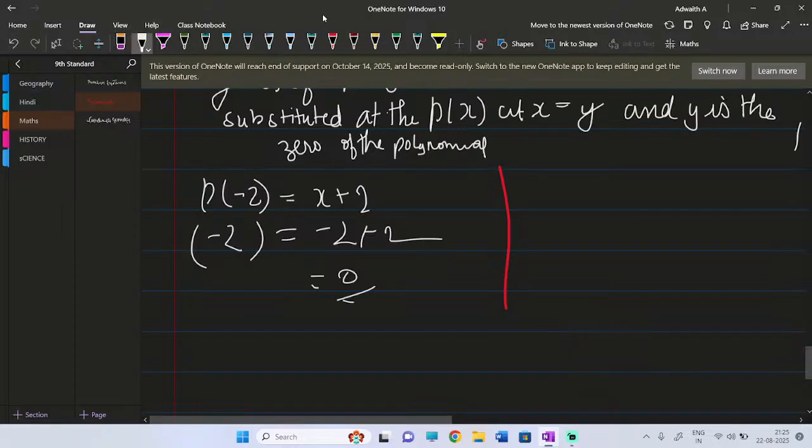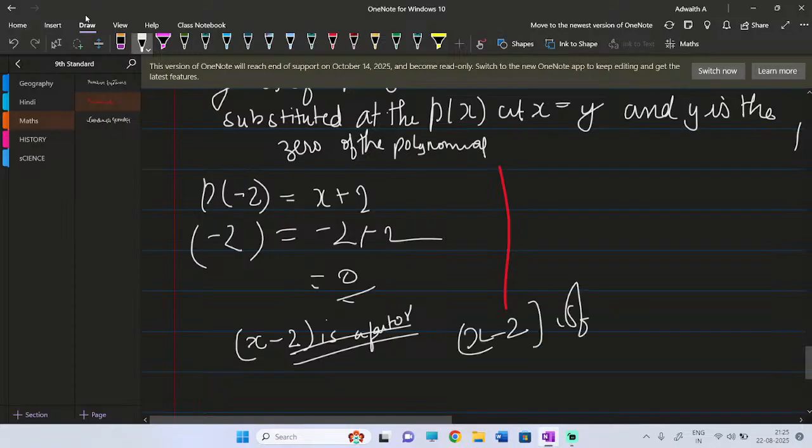So we have to know that if we say negative 2 is a factor, that is wrong, because x minus 2 is a factor. We will always write the factor.